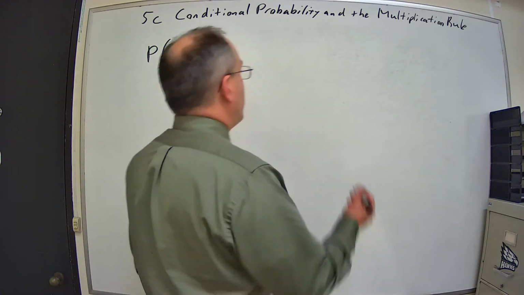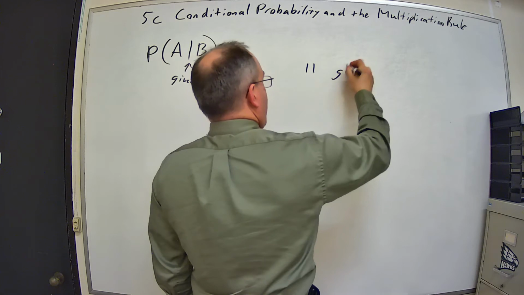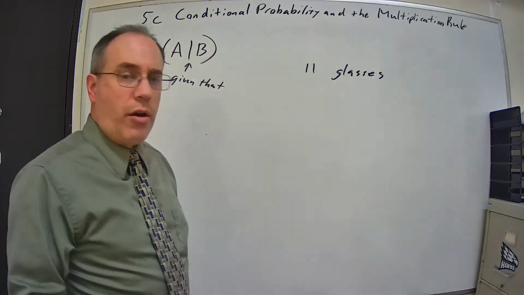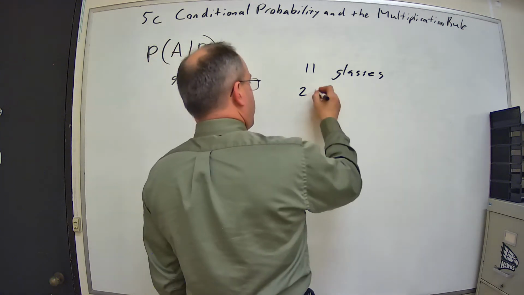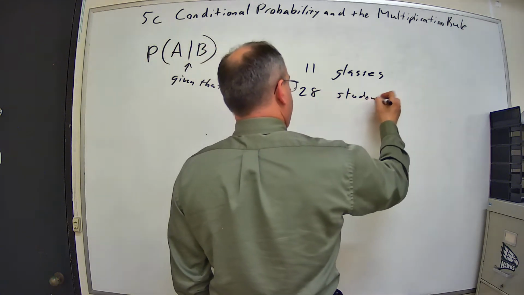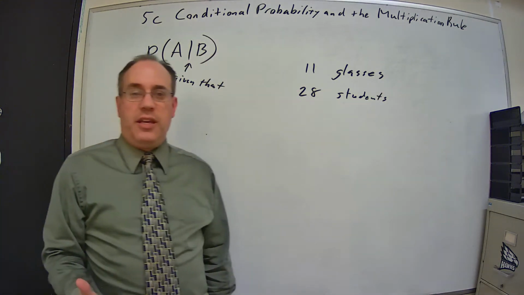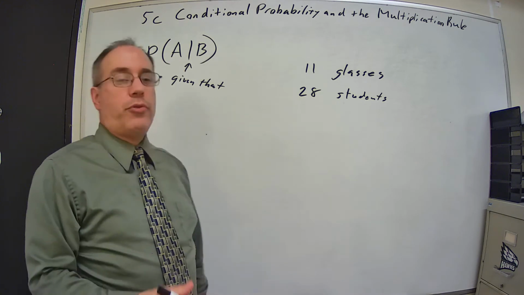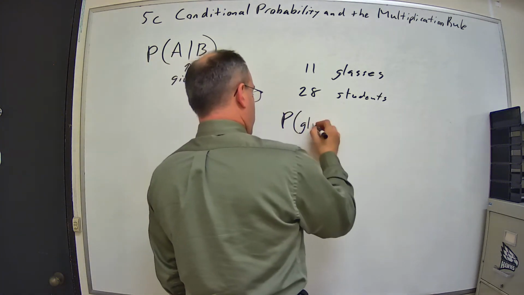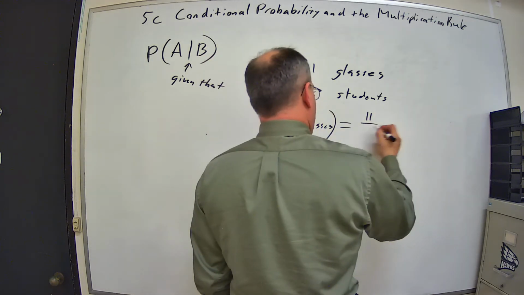So let's say we have 11 people wearing glasses and there are 28 people in the class. Then my probability of randomly selecting a person wearing glasses is 11 over 28.